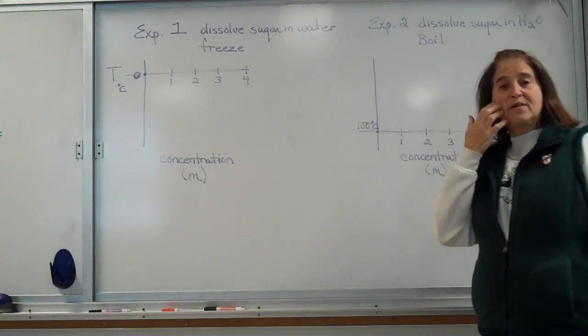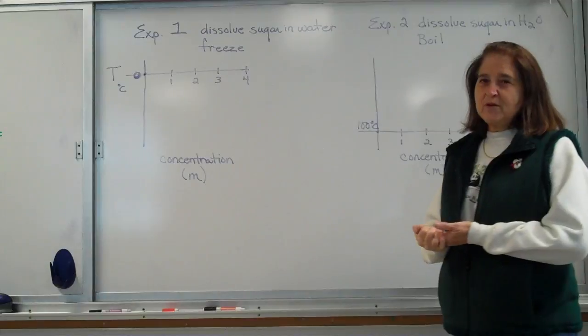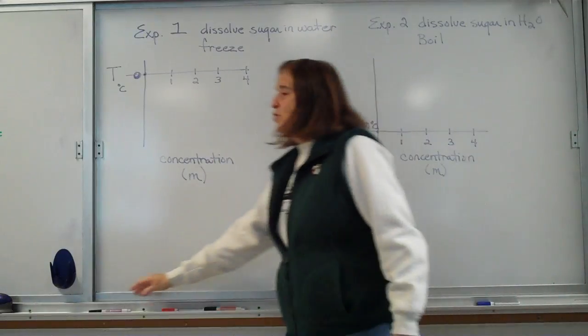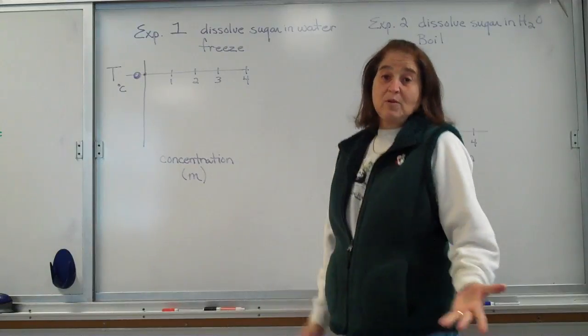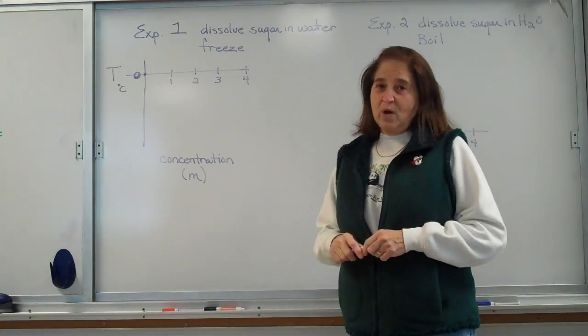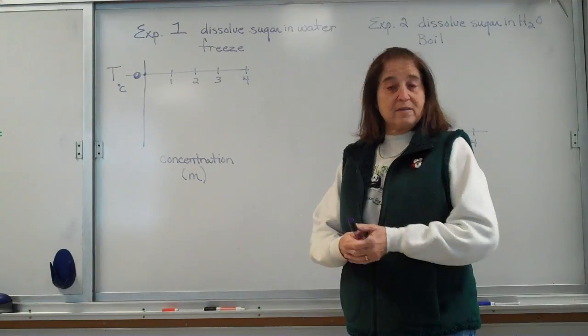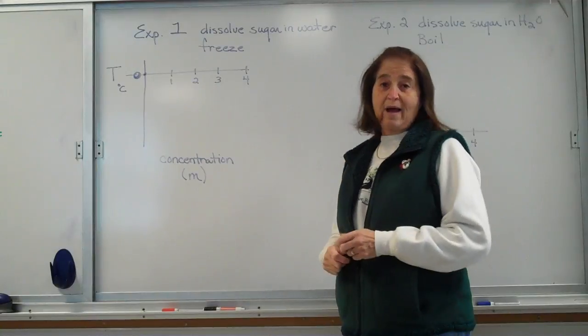I want you to look at the data that I'm going to put on the board. Let's look at our first experiment. I'm going to dissolve some glucose sugar in water. The question is, how will this affect the freezing point? I'm going to do a graph.